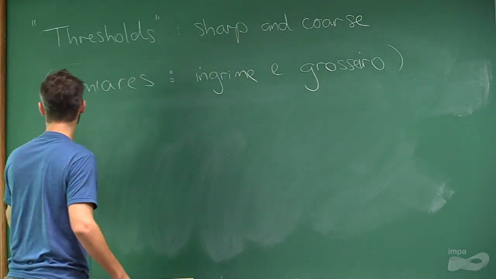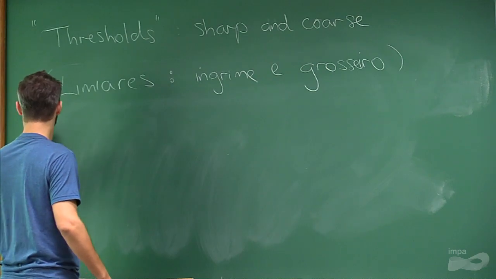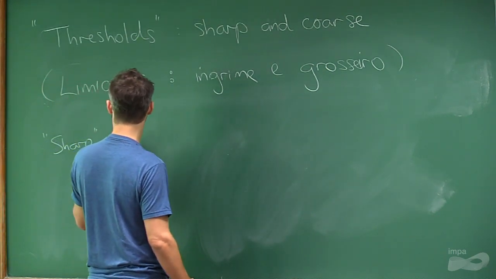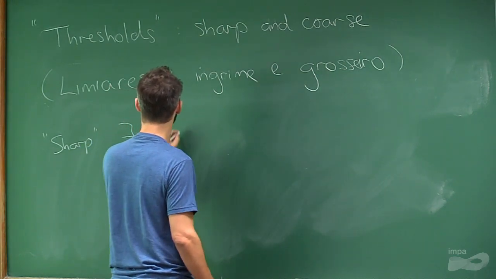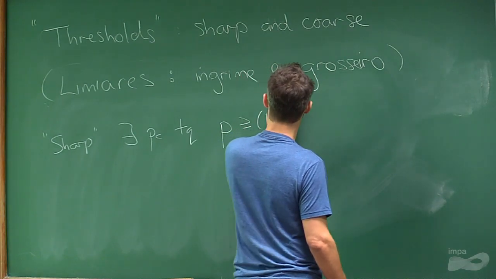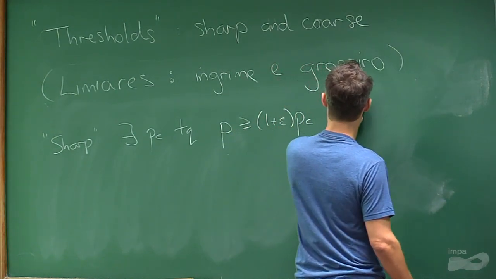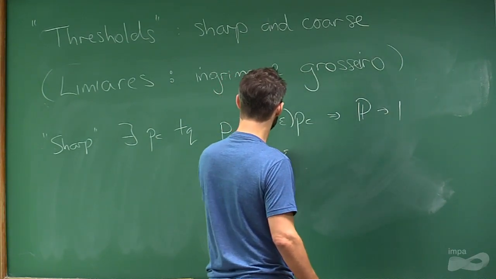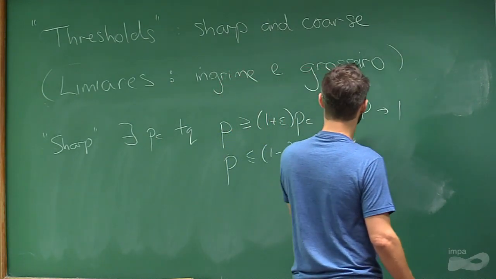So it's a sharp threshold. It means that there exists PC such that if P is bigger than 1 plus epsilon times PC, the probability tends to 1, and if P is smaller than 1 minus epsilon times PC, the probability tends to 0.